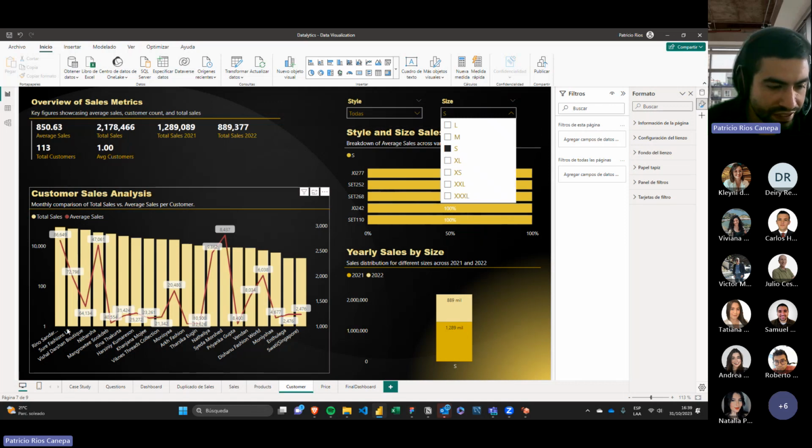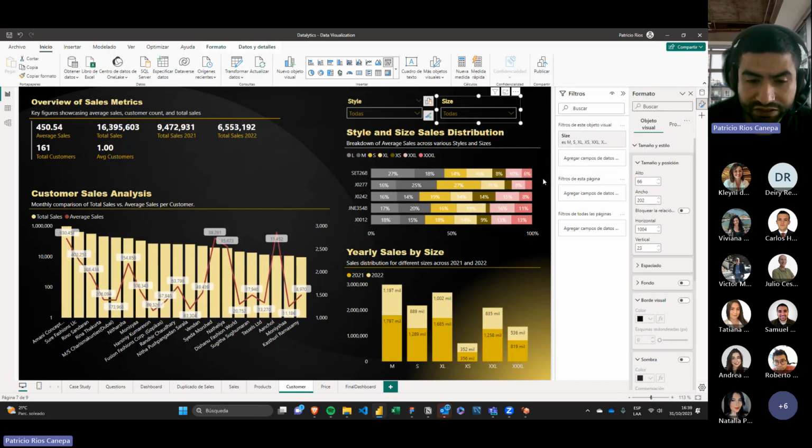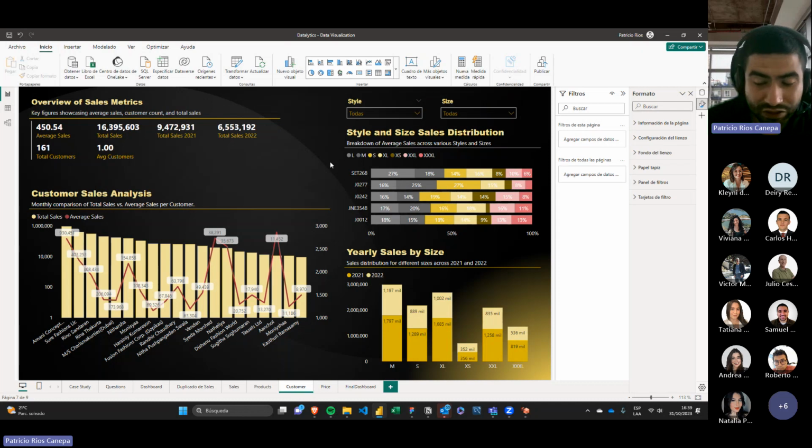Maybe the customer is different and we would like to see why. Those are other types of questions that you get along the way while you're trying to build your dashboard. You might want to suggest some recommendations to your key stakeholder, other than the questions that we already got.